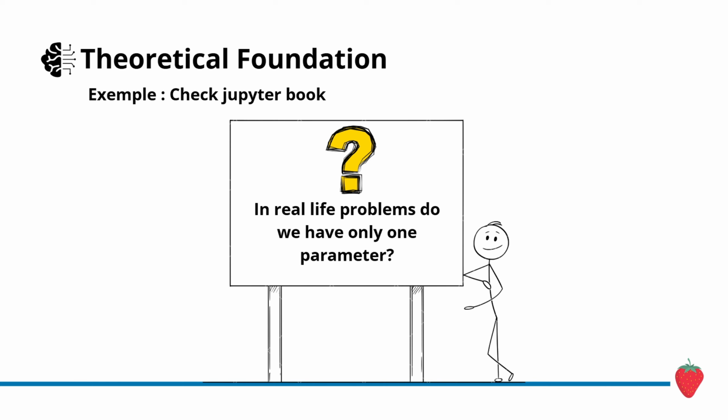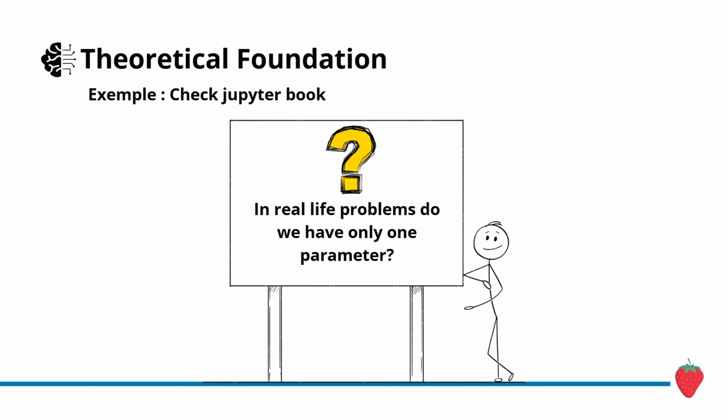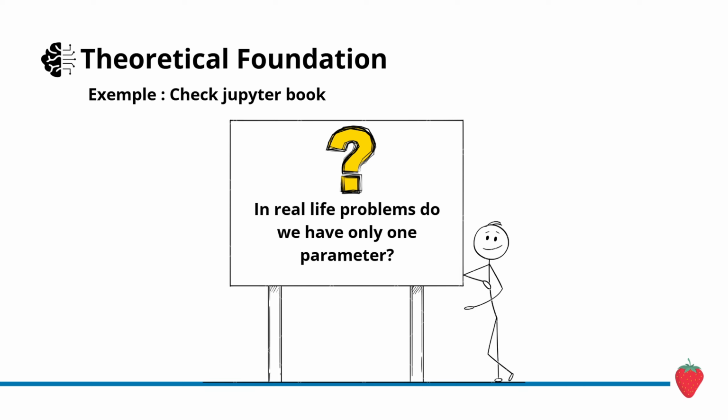This is called polynomial regression. And here comes another question. In real life problems, do we have only one parameter? Let's say we are selling a product. Do the sales get higher just because of the price?